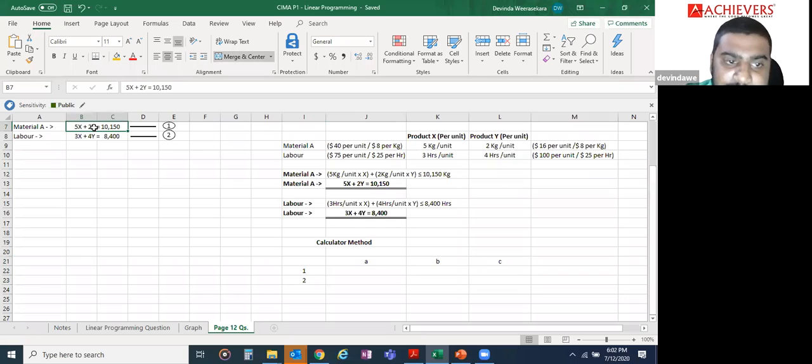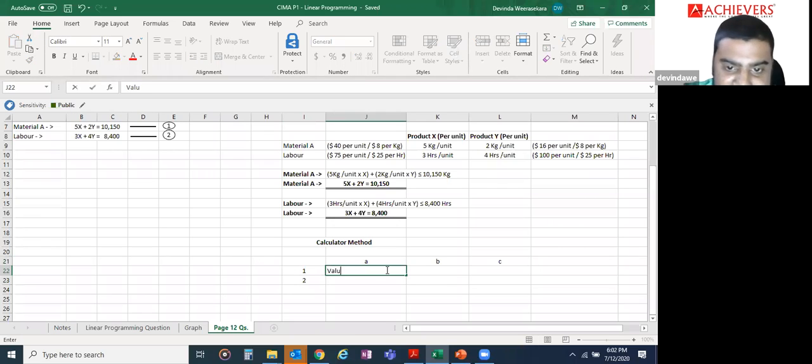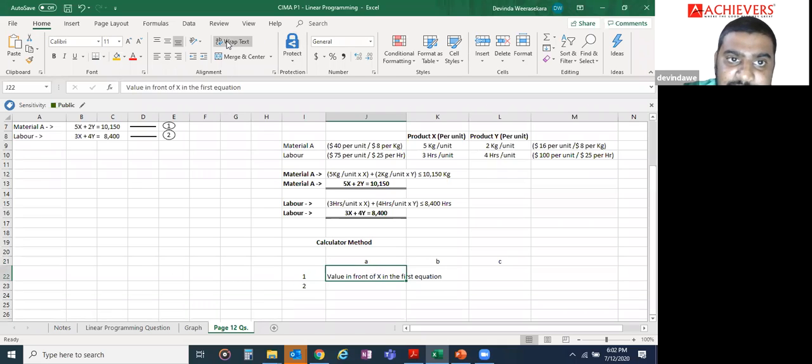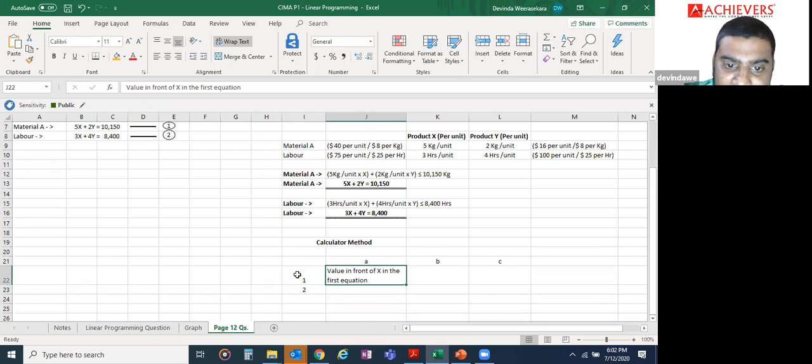So if you put into the equation, guys, the value in front of X in the first equation is called A1.